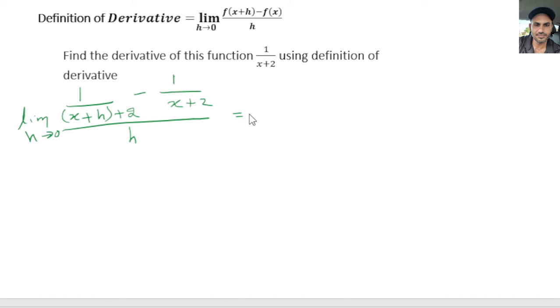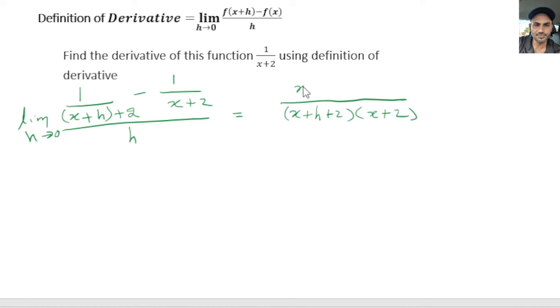Okay, in the next step, I'm going to solve the numerator part. So we have a common denominator, so we're going to just simplify these fractions. This is just the top part, the numerator. And you have x plus h plus 2 and x plus 2. So this is our common denominator of these two fractions. When we look at it, this cancels this one.